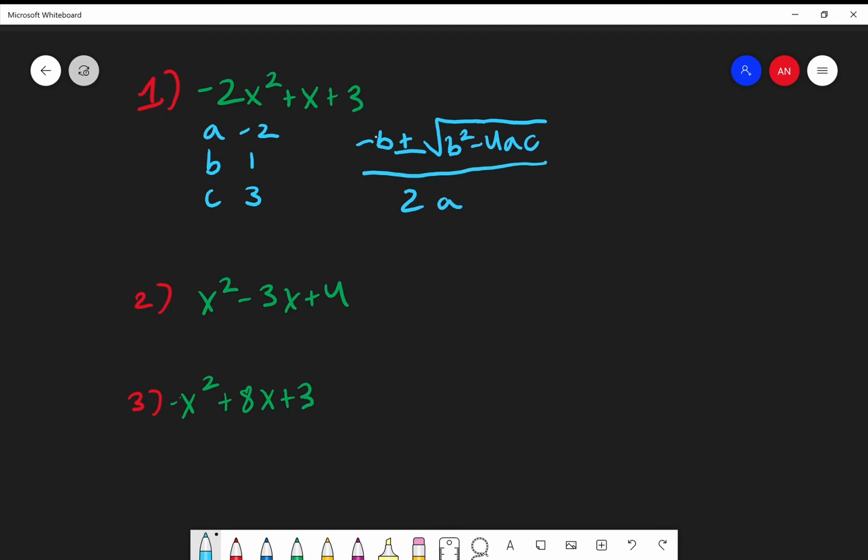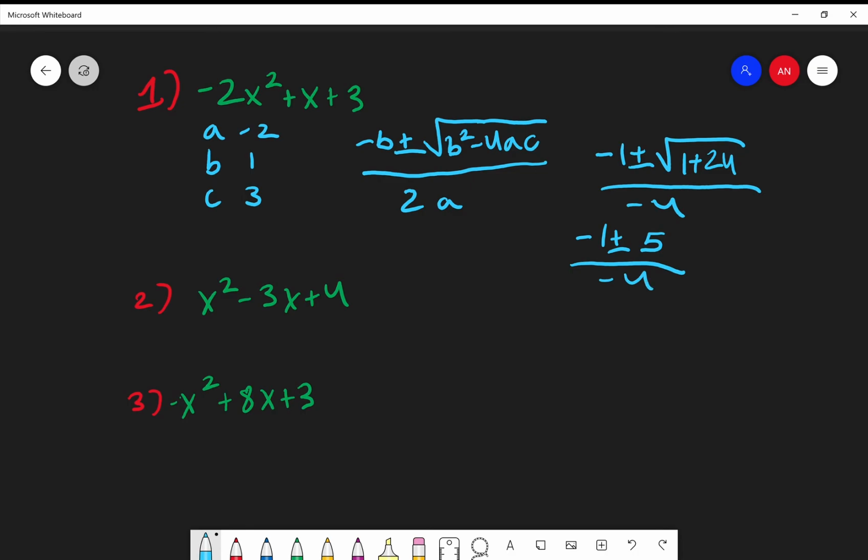That's just minus 1 plus or minus the square root of 1 plus 24, because 4ac is negative 24 and minus times minus is plus, divided by negative 4. So that simplifies to minus 1 plus or minus root 25, which is 5, over negative 4.